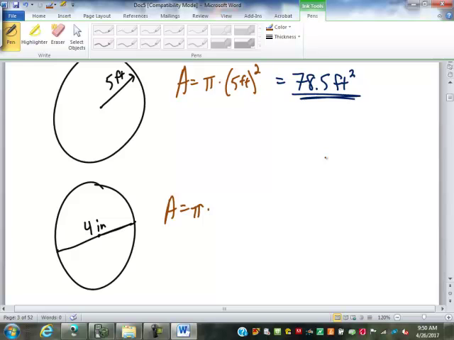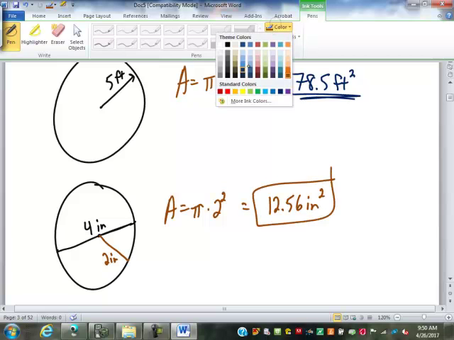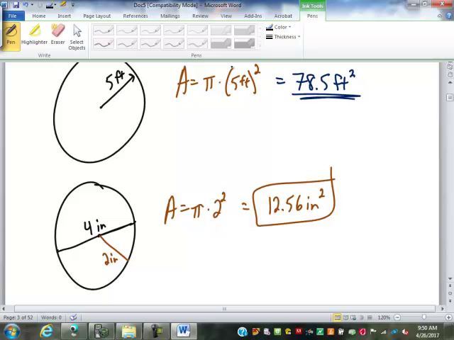Not 4 squared, but 2 squared. Because 4 is the diameter. We want radius. The radius would be 2, half of the diameter. So it should be 12.56. That's in inches, so that's inches squared. Does that make sense? Sort of? Kind of? Okay.